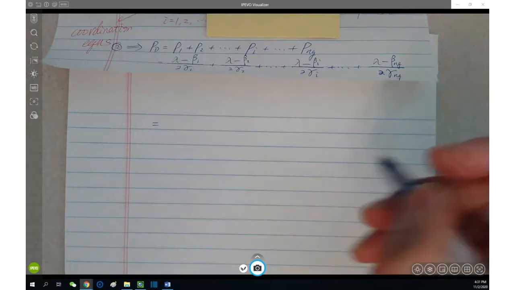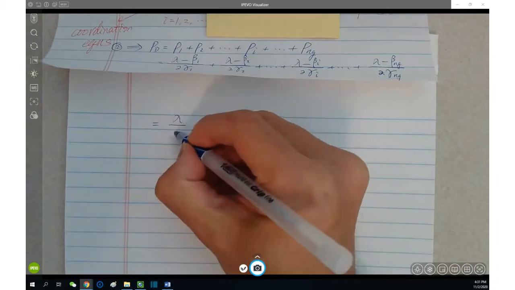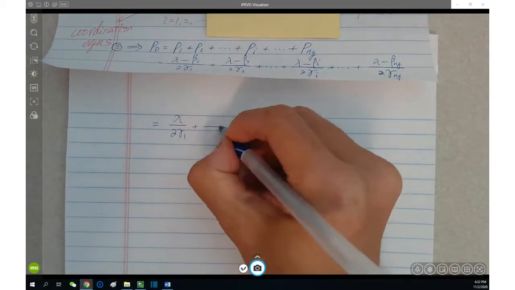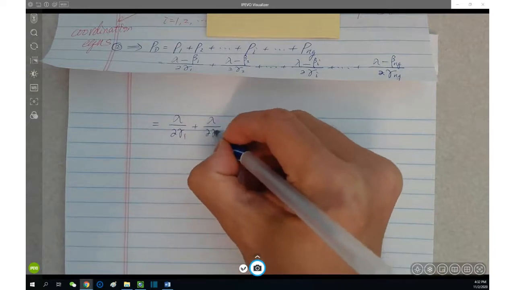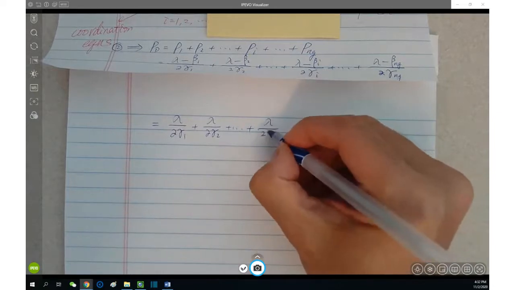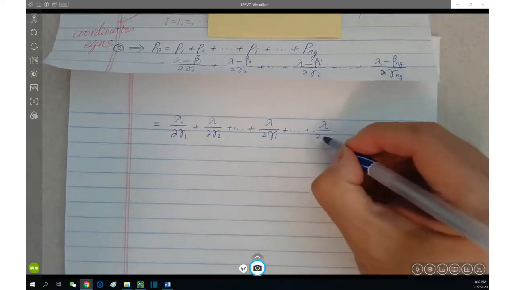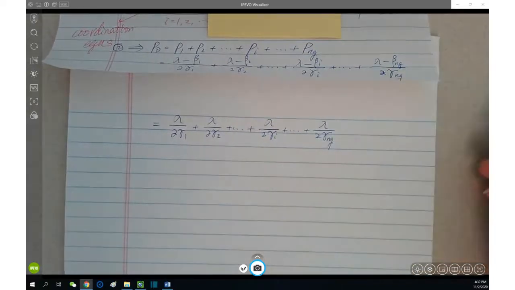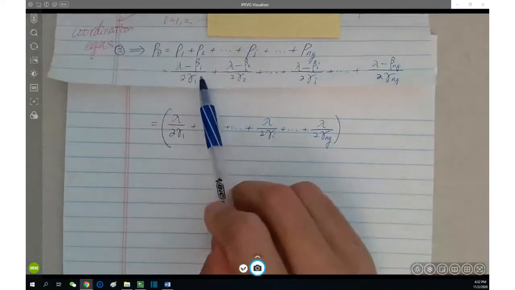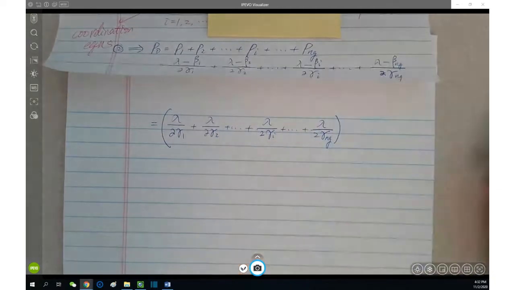How about you pull out lambda over 2 times gamma 1 plus lambda over 2 gamma 2 plus lambda divided by 2 times gamma i plus lambda divided by 2 gamma n sub g. Right? This is pretty much one term. What I did here is just split each fraction into 2 fractions, right?